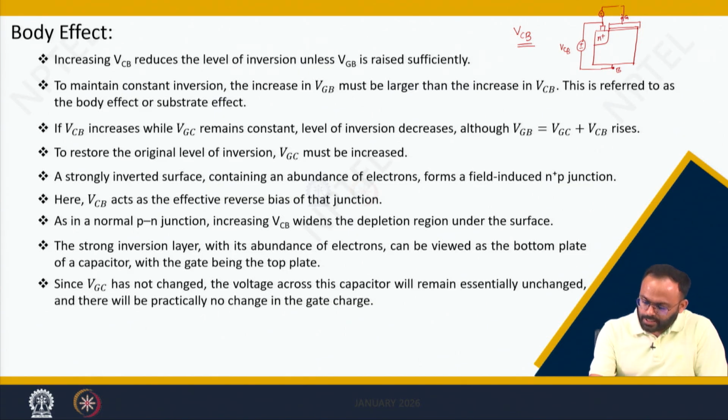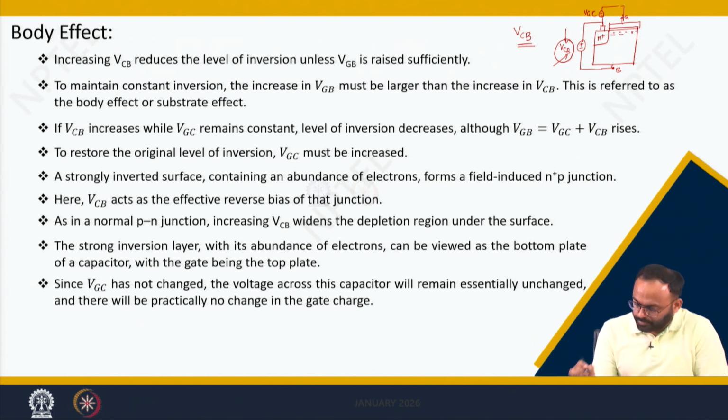Once we apply VGC, we will see the influence of VCB. Suppose for a particular value of VGC you are in inversion, and when you increase VCB, the inversion gets lightened up. Because of that, VCB controls your surface charge.